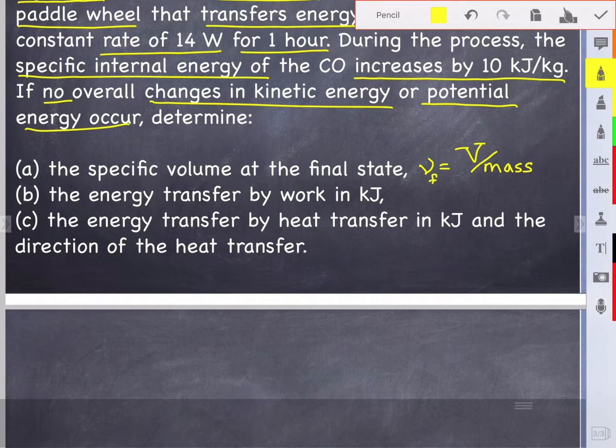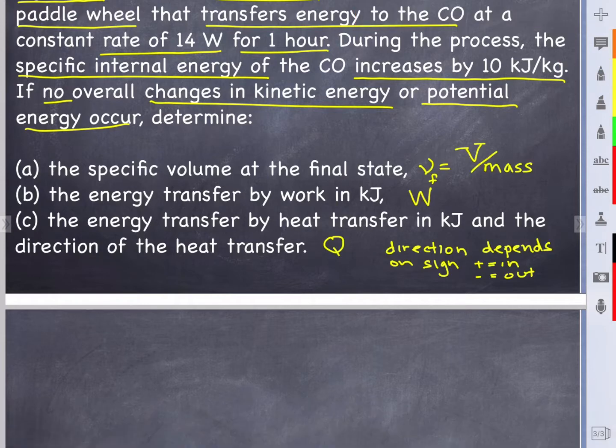The energy transfer by work in kilojoules, so we're looking for work. And then we're looking for the energy transfer by heat transfer in kilojoules and the direction. And so the direction will depend on the sign. Remember, if we get a plus, that means heat is being transferred in, and if we get a negative number, that means heat is being transferred out.